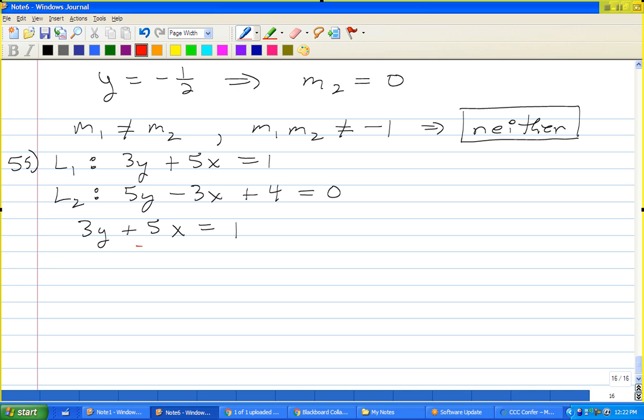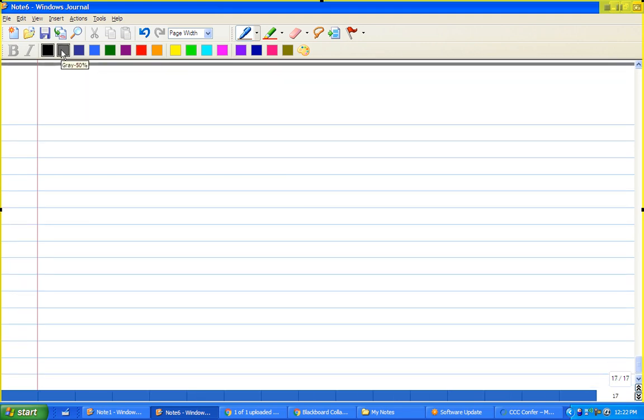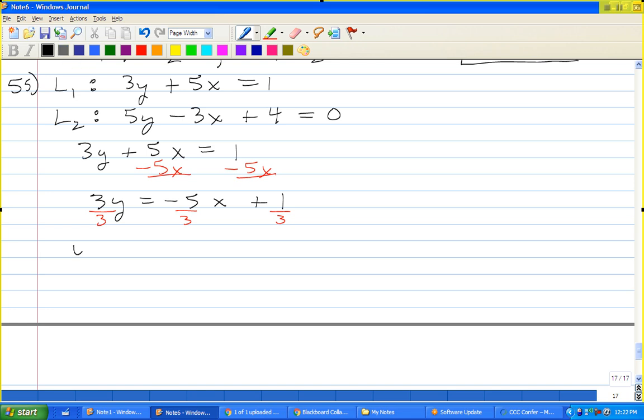Subtract 5x from both sides of your equation. Divide every term here on both sides of my equation by 3. So y equals negative 5/3 x plus 1/3. So that says that the slope of this first line is a negative 5/3.